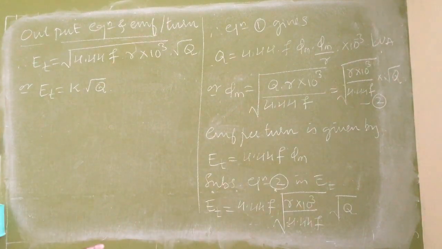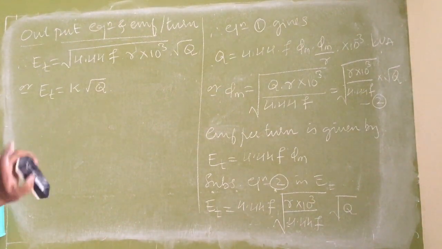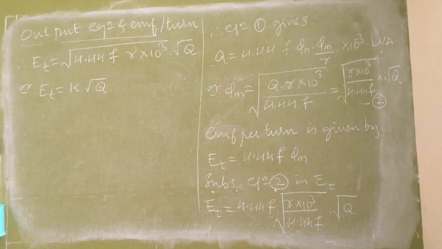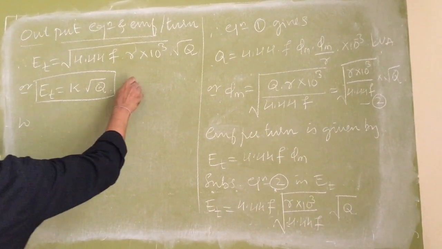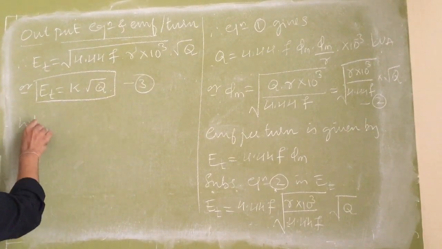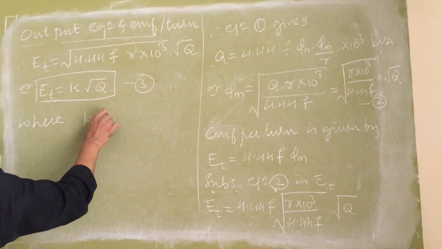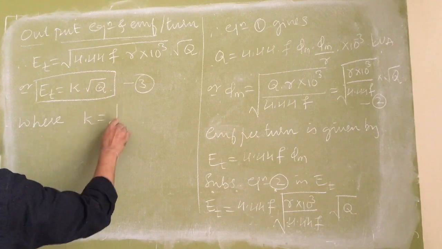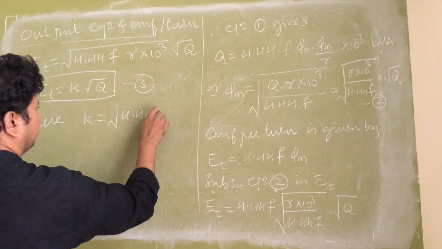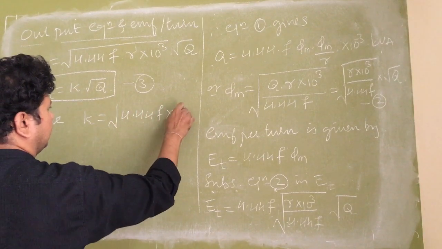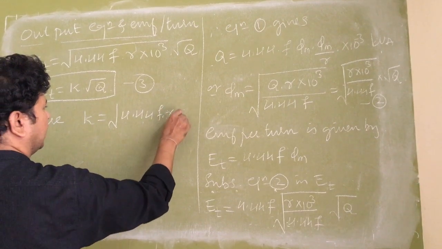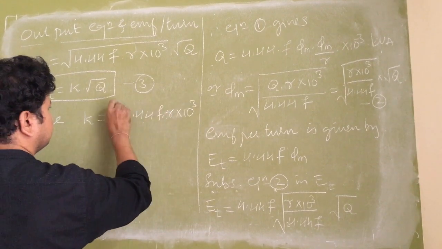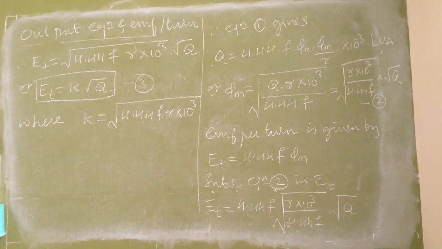Transformation ratio is also mentioned as K, but this K is not the transformation ratio. Where K is equal to under root 4.44 F into R into 10 to the power 3.